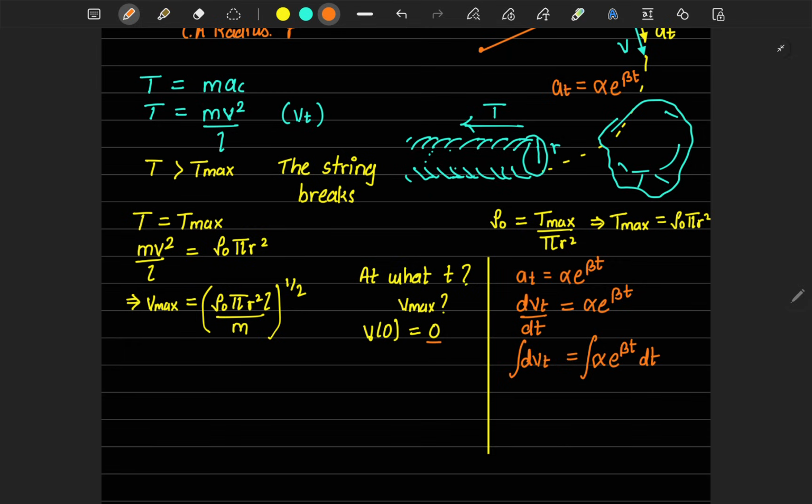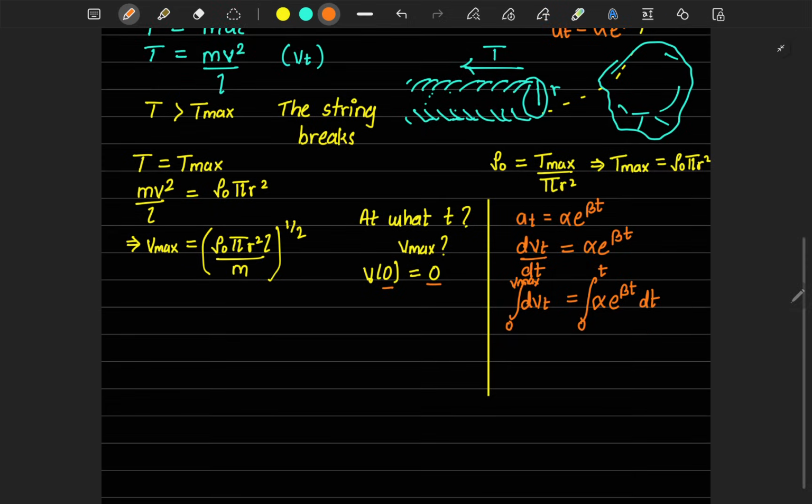We know our initial case v0 is 0, so at time t equal to 0 we have velocity v0, and at time t we have Vmax. So this will be the integral of dv, with v from 0 to Vmax, and we can take alpha to be constant and outside, and the integral of e to the power beta t is e to the power beta t by beta.